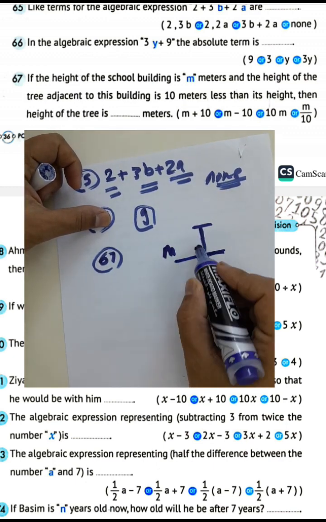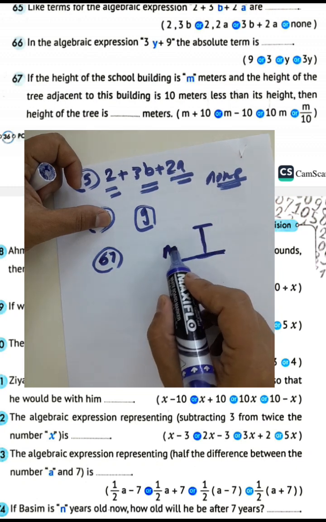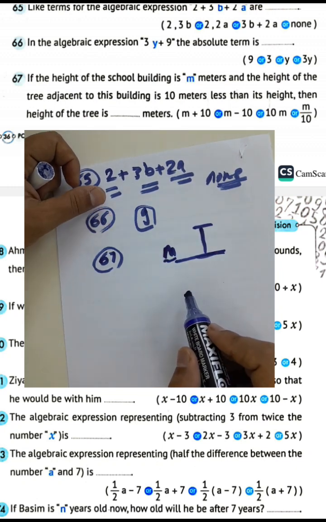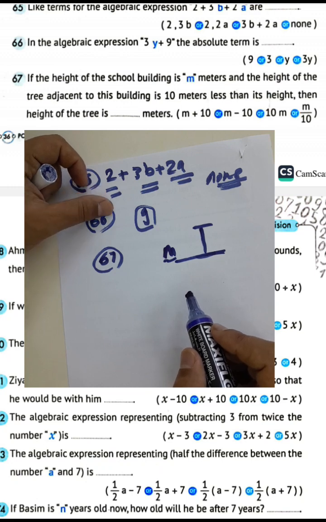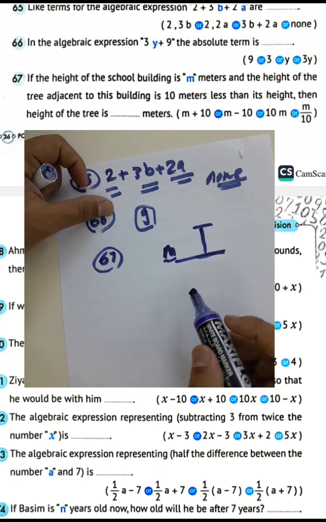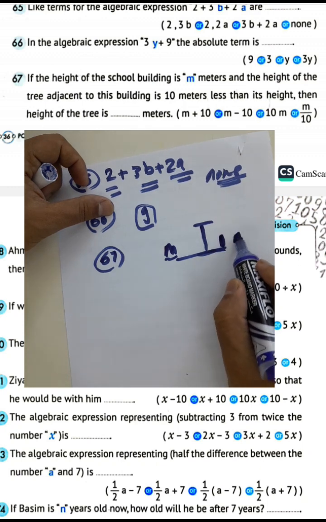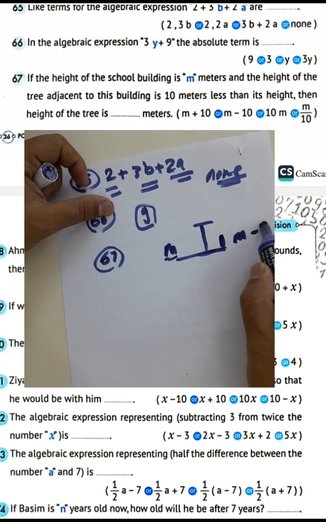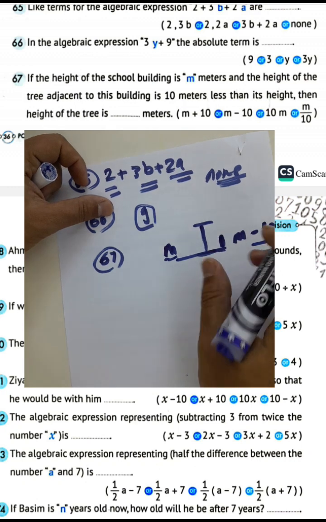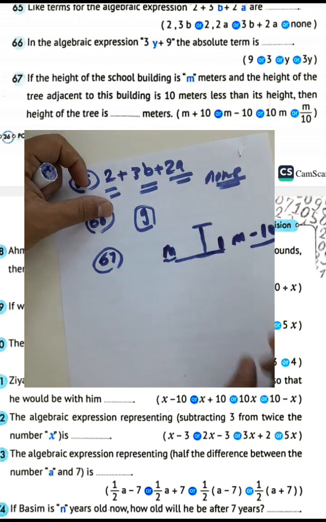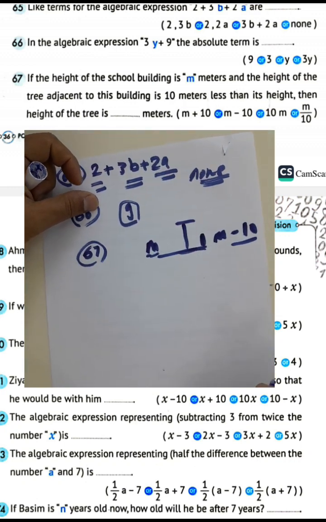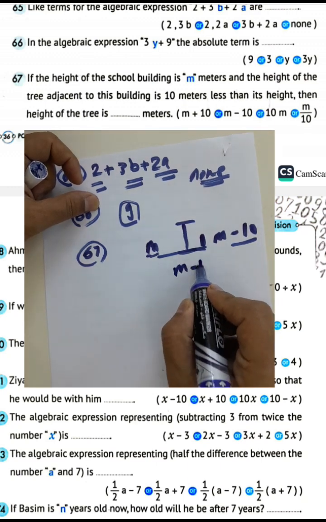The height of the school building is m meters. The height of the tree will be m minus 10, less than the height of the school. So the height of the tree will be m minus 10 meters.